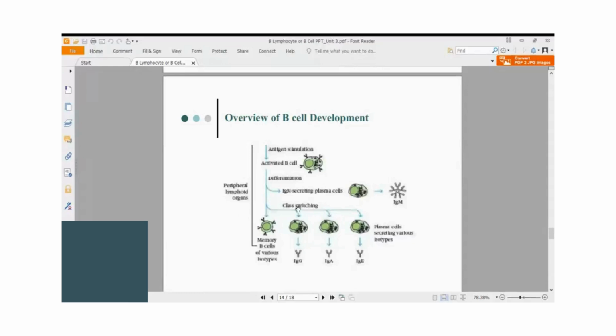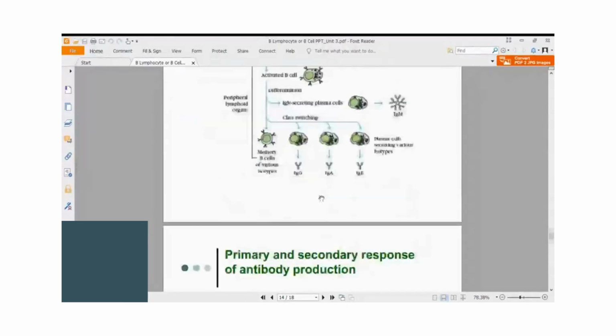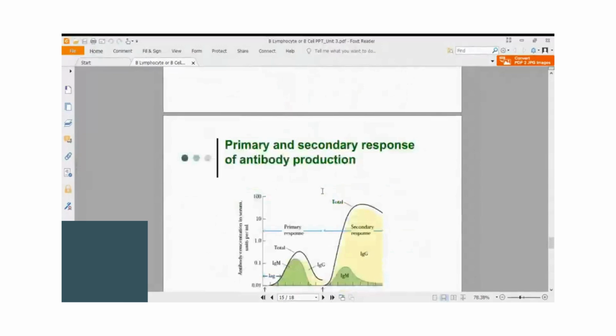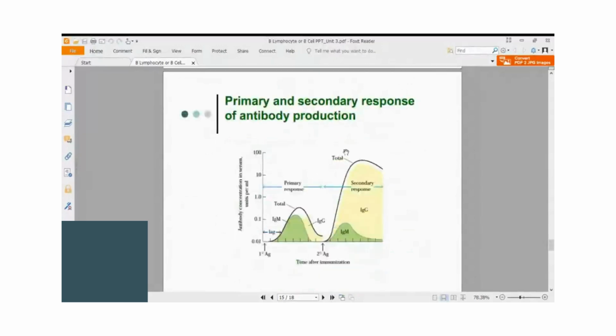Then it will start producing the antibodies, and the first antibody to be produced is always IgM, which lasts for 5 days, then it disappears, then it is taken over by other antibodies, that is IgG, IgA, IgE, because of the class switching mechanism.